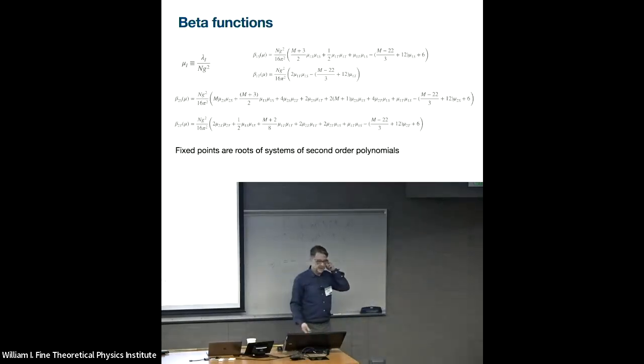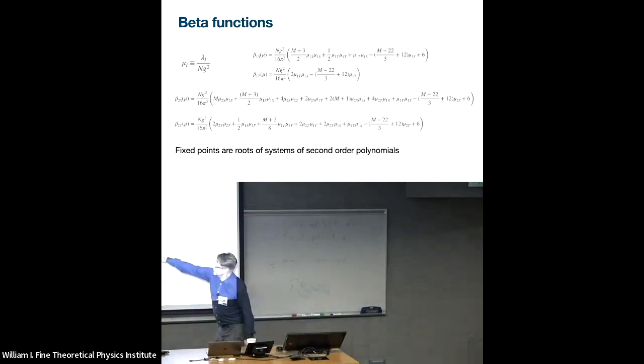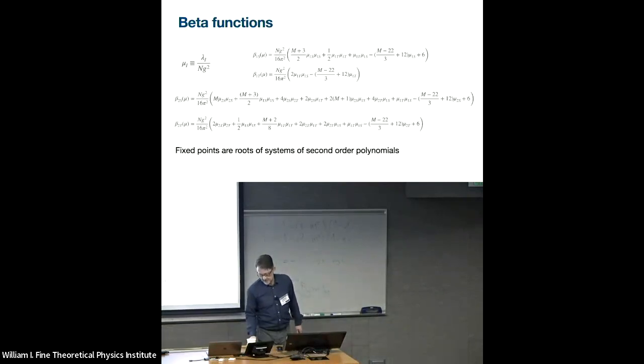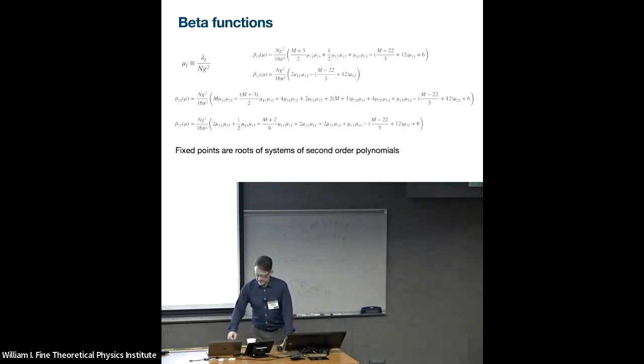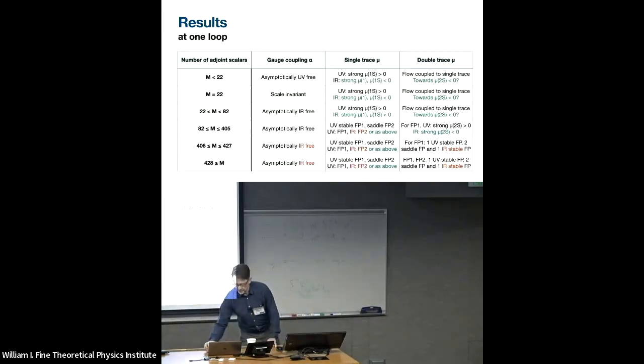This is the whole set, in the large n limit, of the beta functions of these couplings mu that are scaled with the gauge coupling. Sometimes it's called fixed flows. The flows of these couplings, and if there are fixed points of these RG equations, they are fixed flows. They will be roots of systems of second order polynomials.